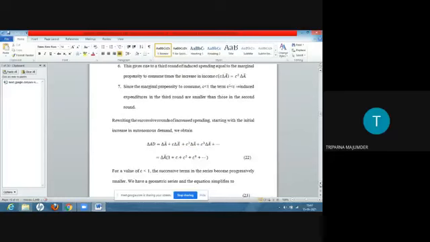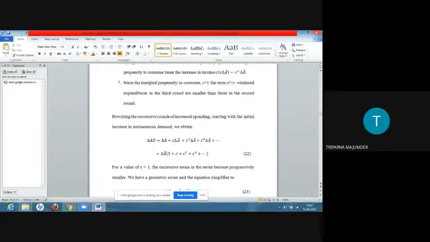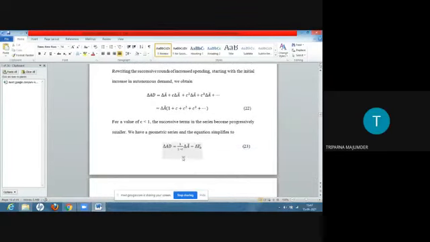Now, rewriting the successive rounds of increased spending, starting with the initial increase in autonomous demand, we obtain delta AD is equal to, we just go on adding the increase in expenditure of the successive rounds, and we get a geometric series here, which can be summarized in this form: 1 by 1 minus C, for the value of C less than 1.